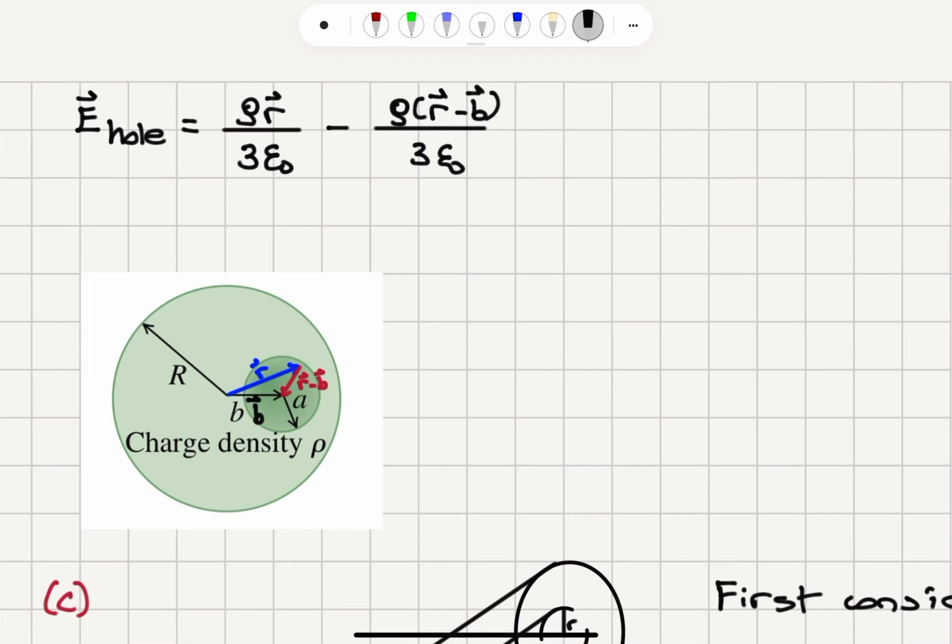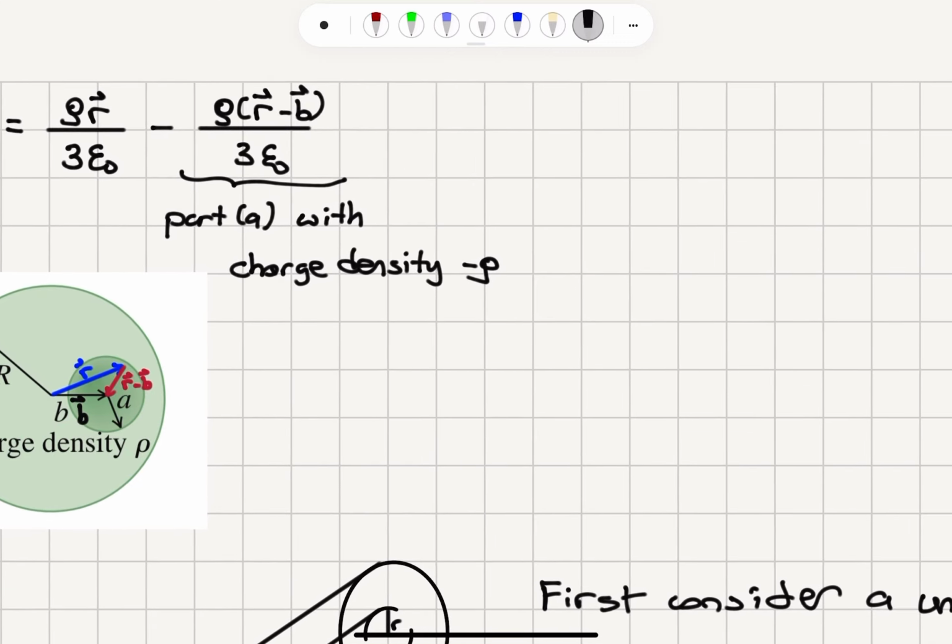And this part comes from part A, with charge density minus rho. All right, so we're subtracting that part. And this gives us, for the electric field inside the hole, E hole, rho b divided by 3 epsilon 0.